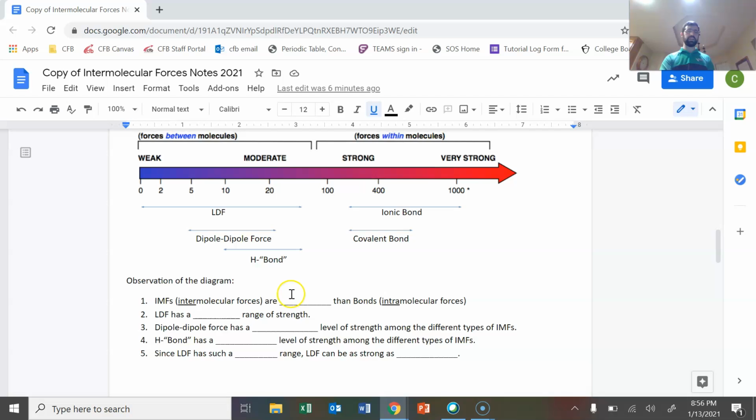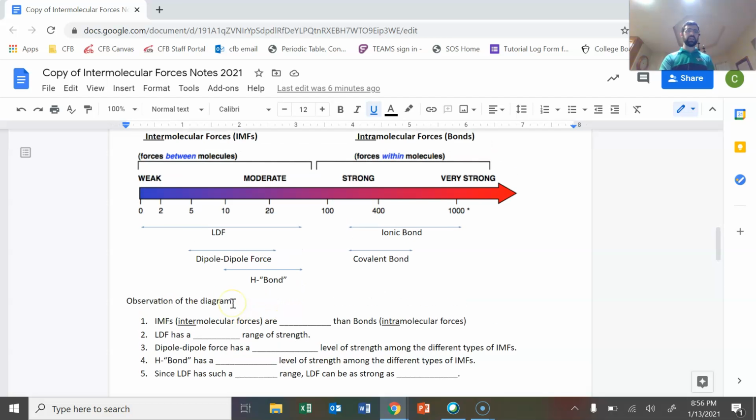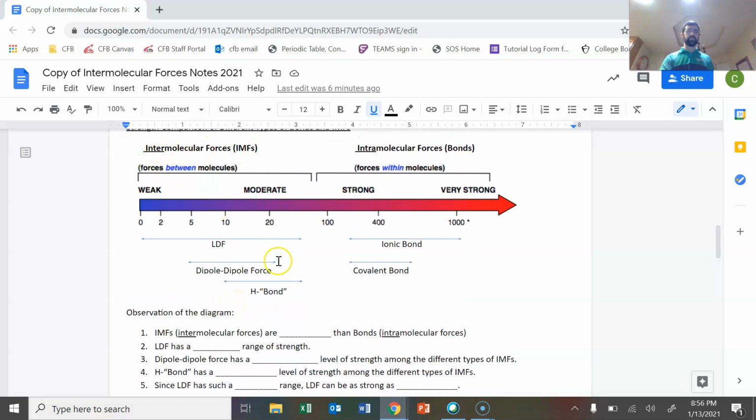So let's fill in this information up here. Intermolecular forces, IMFs, are weaker than bonds, the intramolecular forces over here, like the ionic bond and the covalent bond. LDF has a wide range of strength.